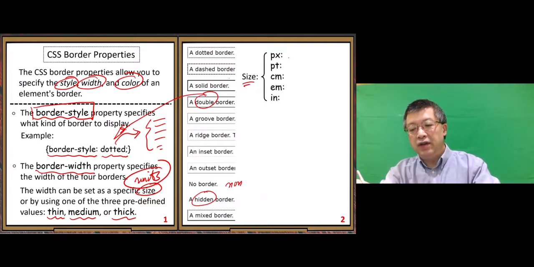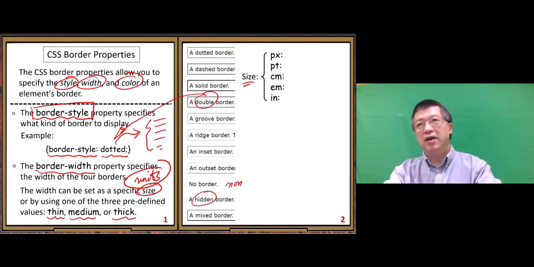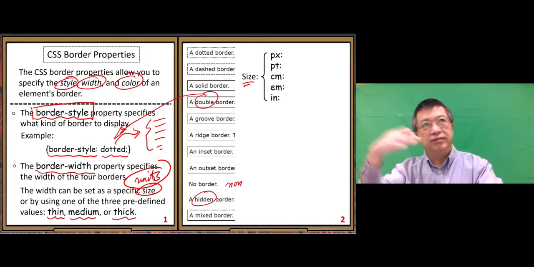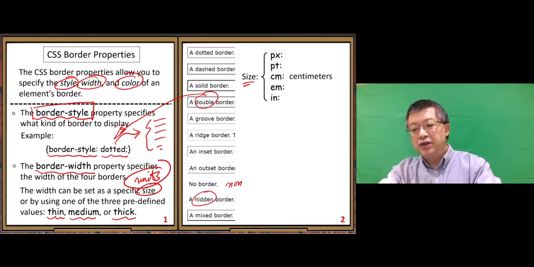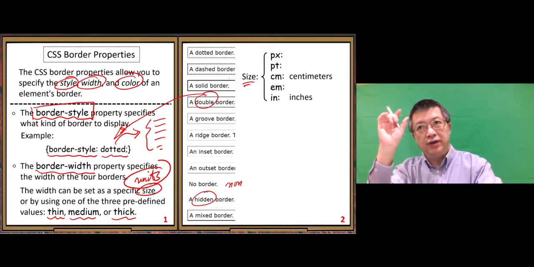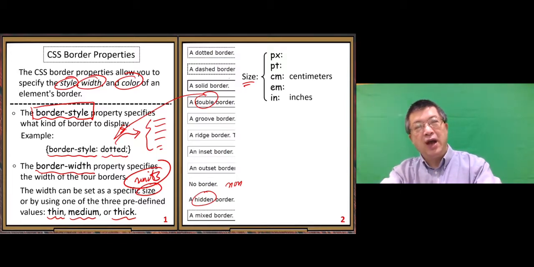Here, I give you these units: px, pt, cm, em, in. These five. Although there are a few more, these pretty much cover 90-something percent. First, cm, centimeters. Inches, you can use that.